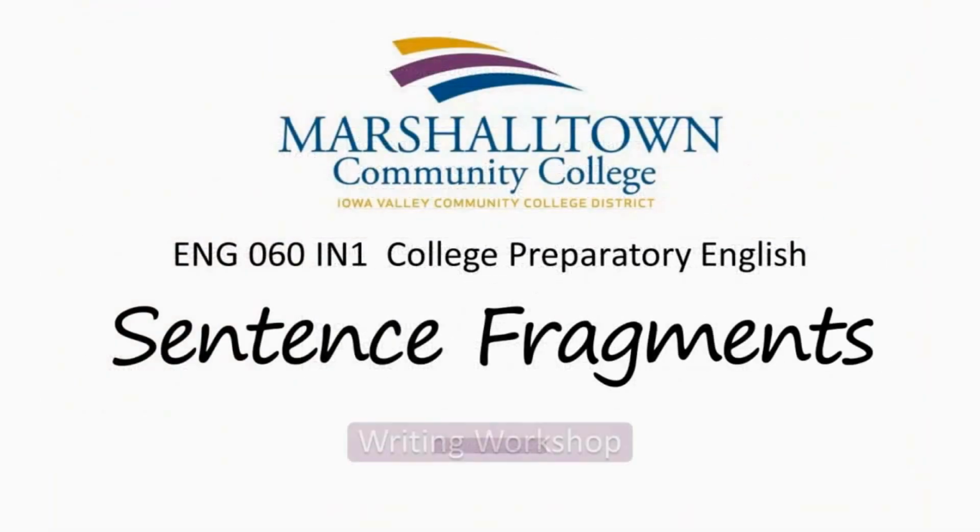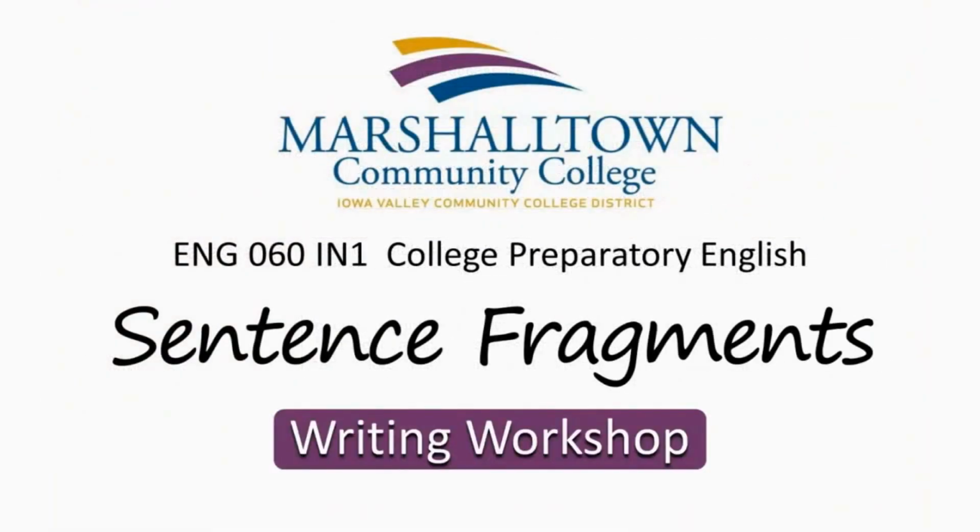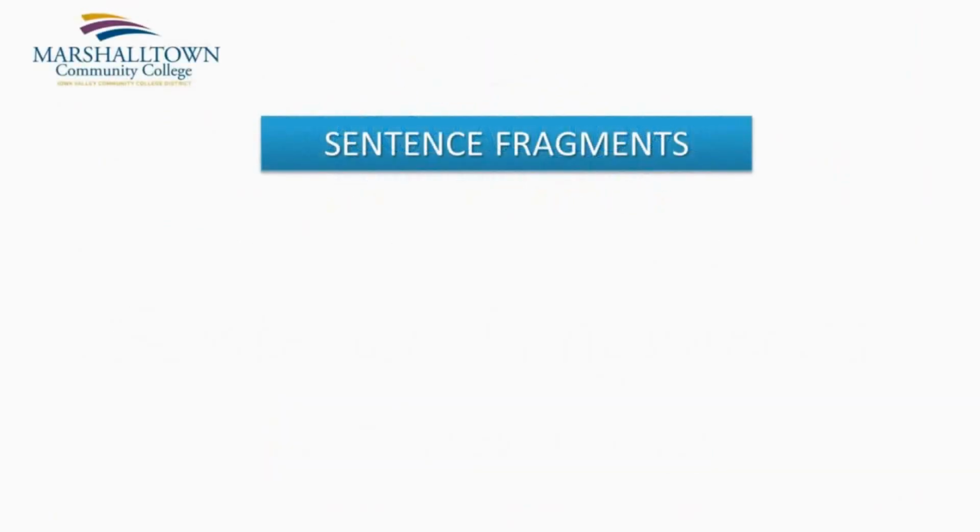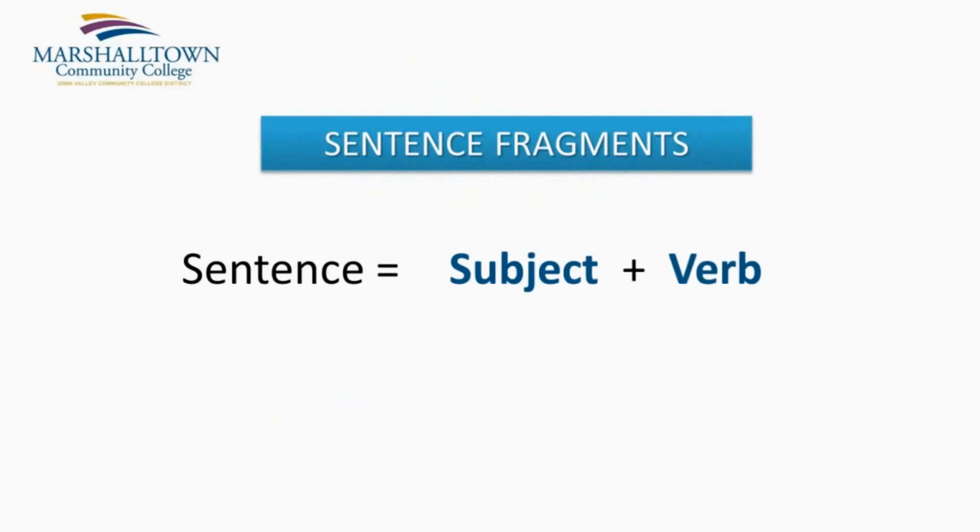The writing workshop for this week is all about avoiding sentence fragments in your writing. Remember that a complete sentence includes both a subject and a verb. Now, what can happen, especially when we're writing kind of fast and furiously, is that we sometimes leave out the subject, or we leave out the verb, or we leave out both the subject and the verb.